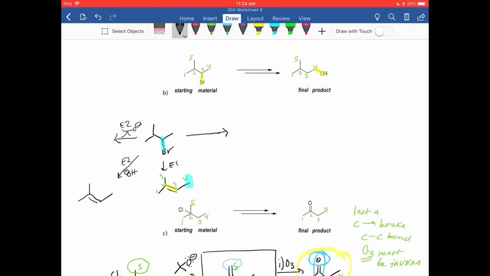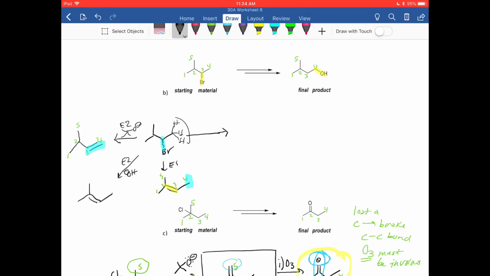And here, if we do a hindered base, we're going to attack the beta hydrogens that are most accessible or least sterically hindered, which will be these ones here, which means now we're going to get an alkene with a double bond between 3 and 4. And that's where we want that double bond because we want to do an addition reaction that adds a new functional group at the 4-carbon.